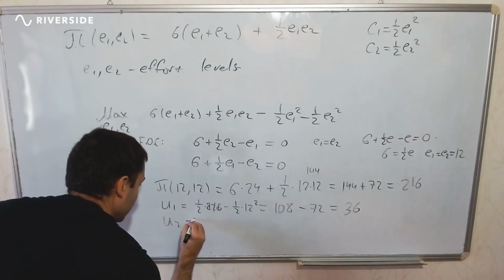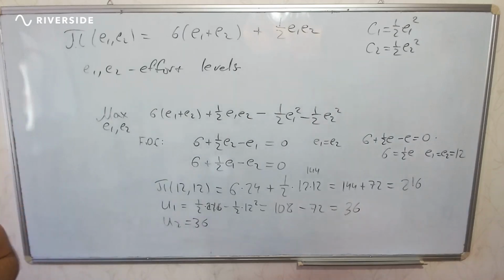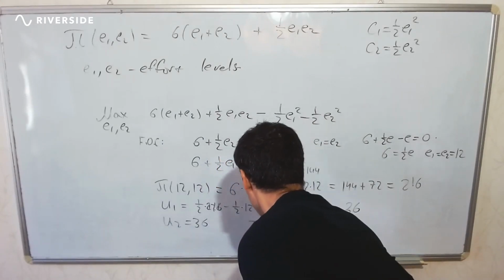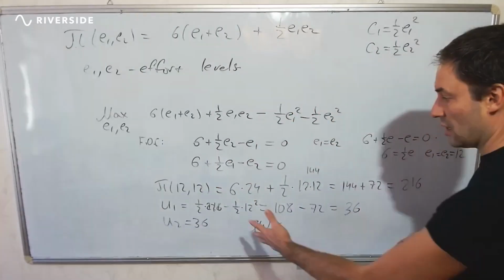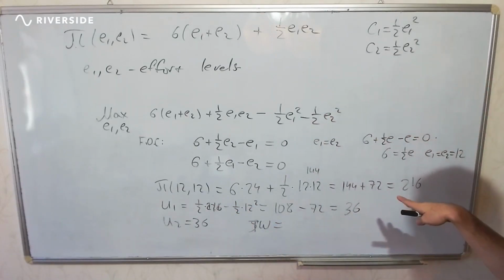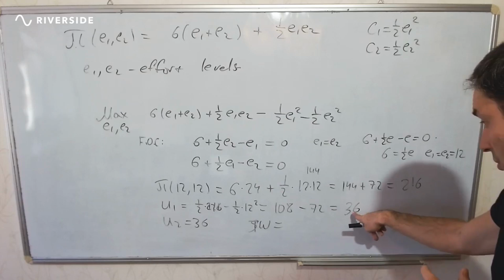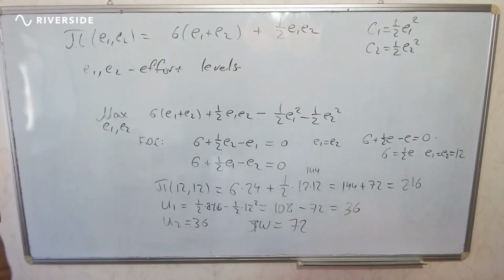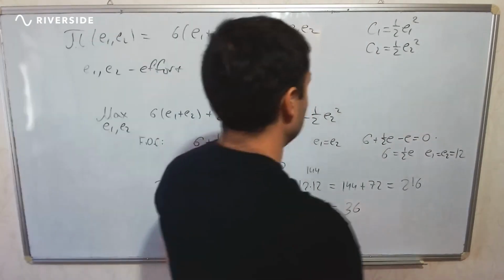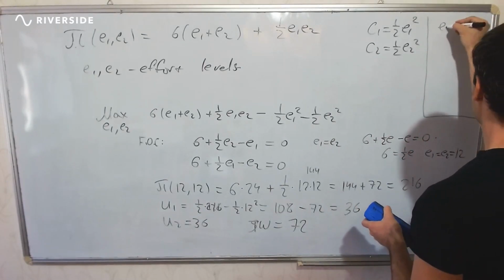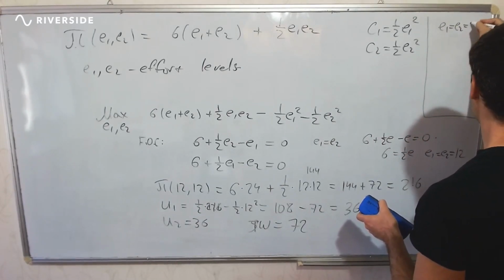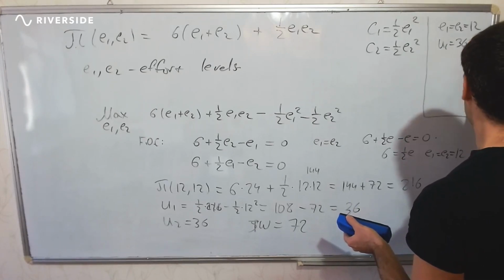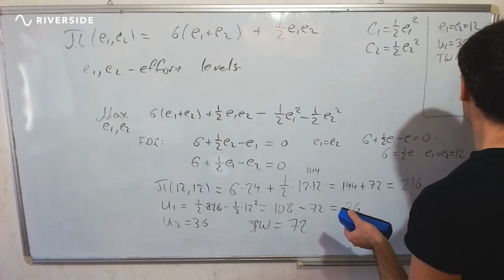Obviously, the utility of the second agent is also 36, and total welfare created, we call it social welfare, is the sum of the two utilities, so that's 36 plus 36, which is 72. Okay, these are the numbers that I will reserve here in the corner: E1 = E2 = 12, U1 is 36, U2 is the same, and total welfare is 72.